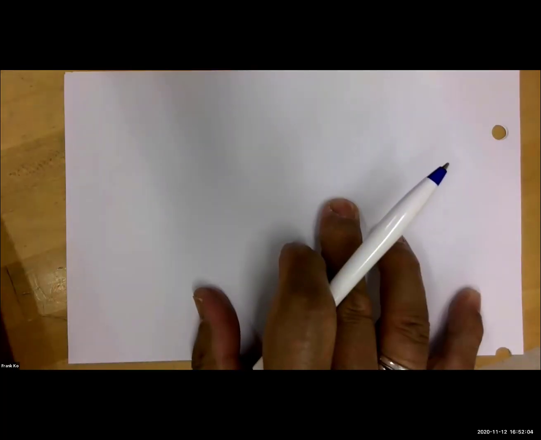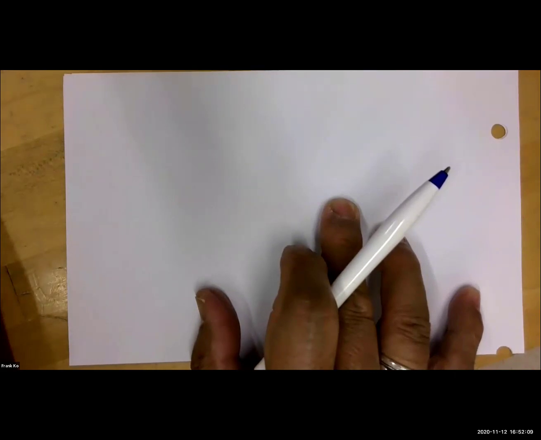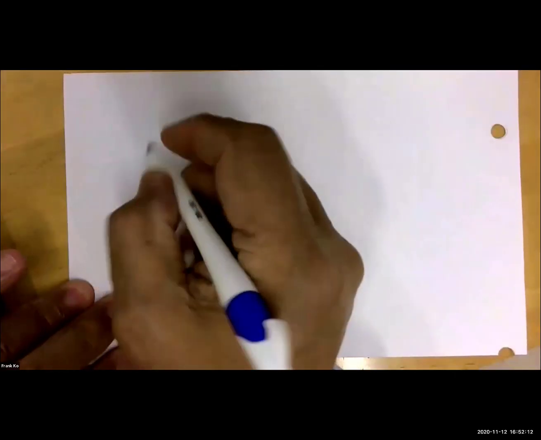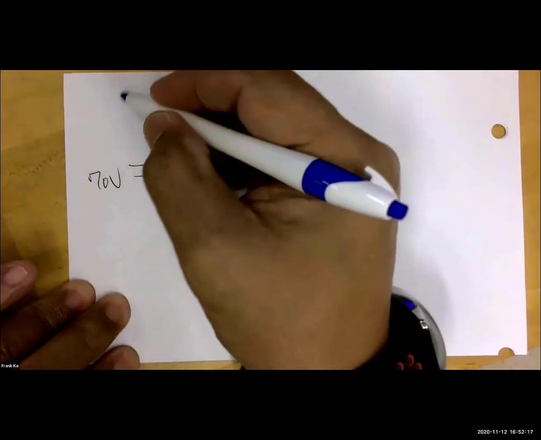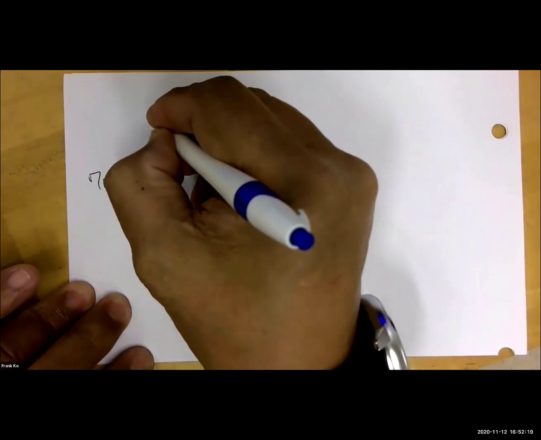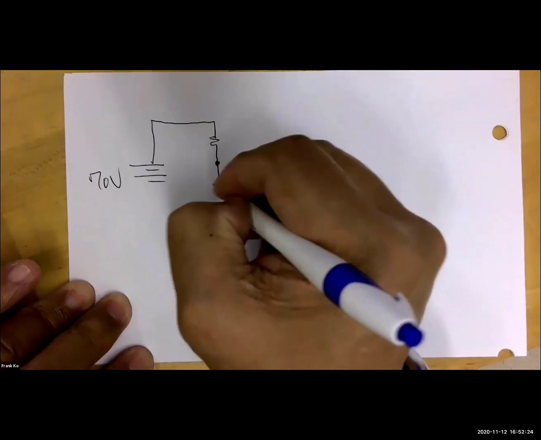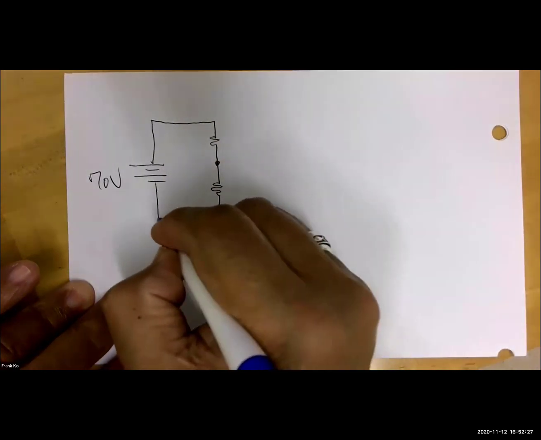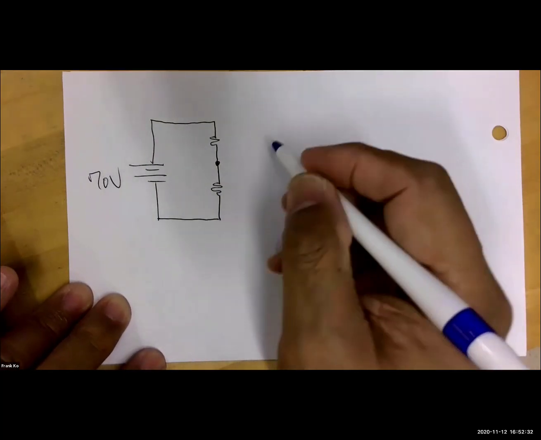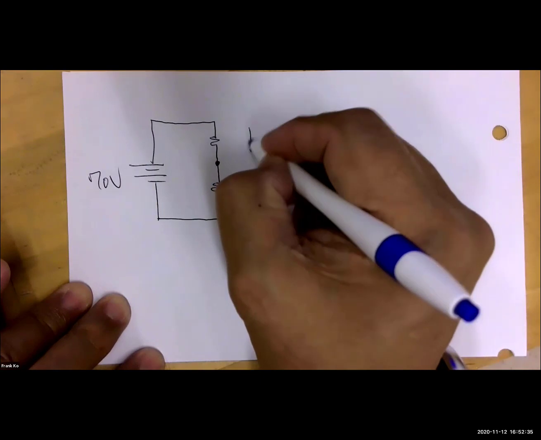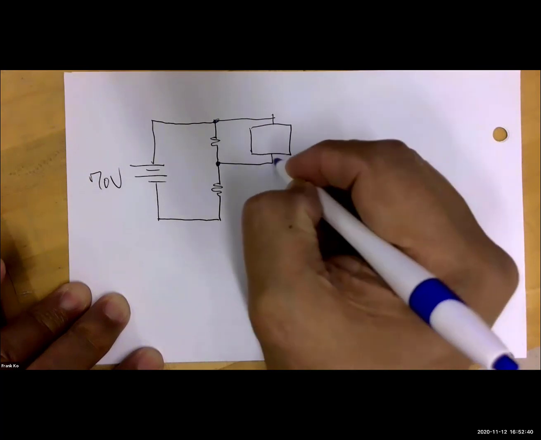And here, let's see, we're gonna do this guy this way. I'll have a voltage source, and this will be a 70 volt voltage source. I will have a resistor here, a node, a resistor here, and I am going to attach a load resistor here and here.